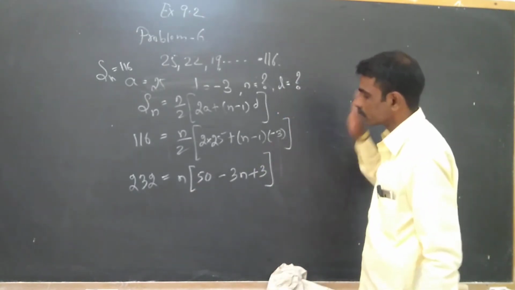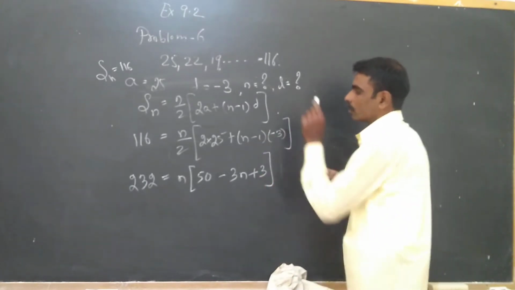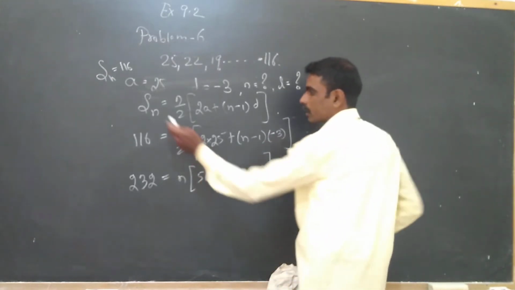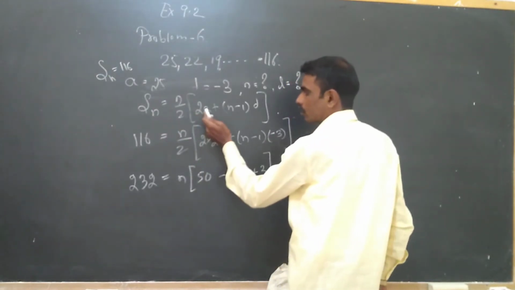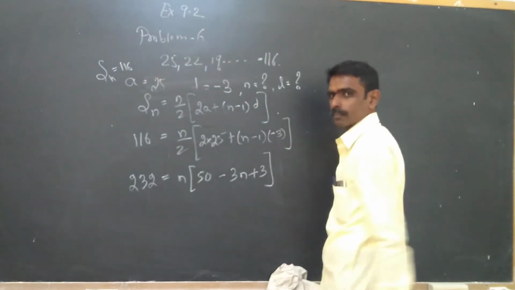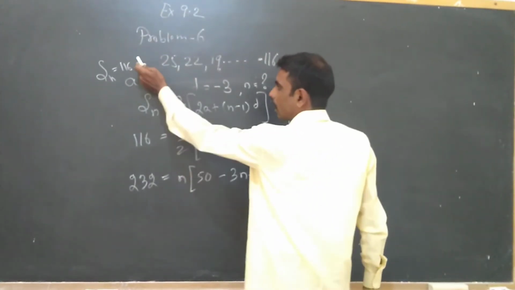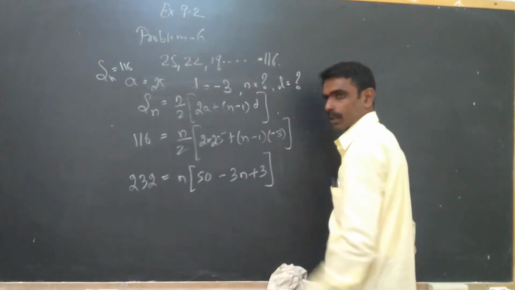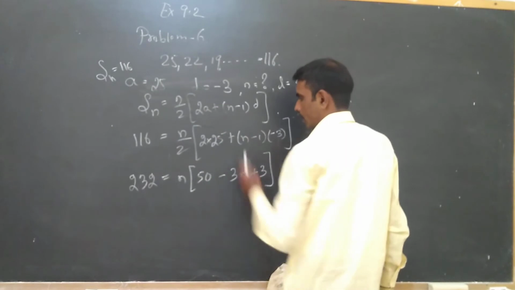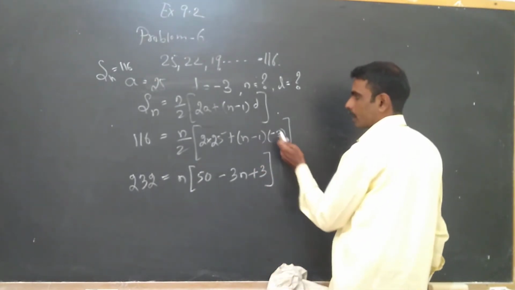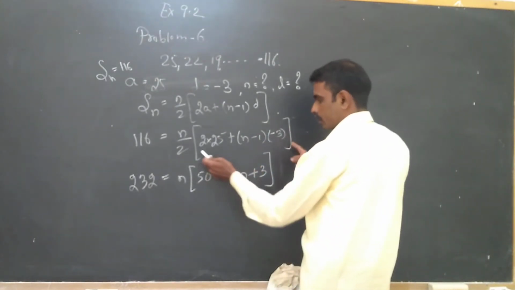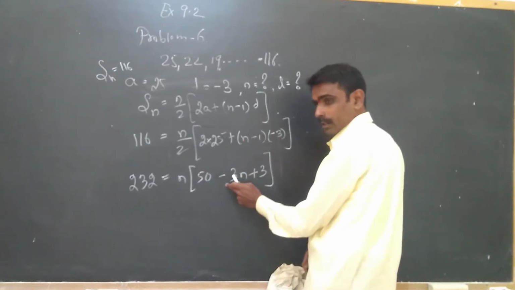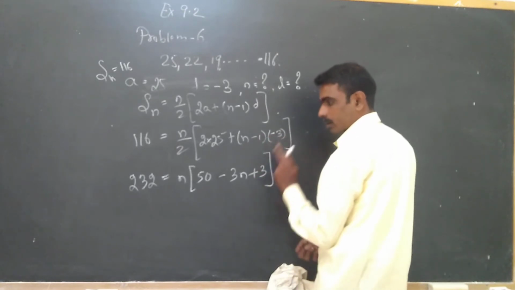What I have done, just concentrate. Here I have applied the Sn formula: Sn is equal to n by 2 into 2a plus n minus 1 into d. The value of Sn is 116. So that is n by 2 into 2 into 25, because the value of a is 25, into n minus 1 into minus 3. When I open this bracket, I get minus 3n into n is minus 3n square. Minus of minus is plus.